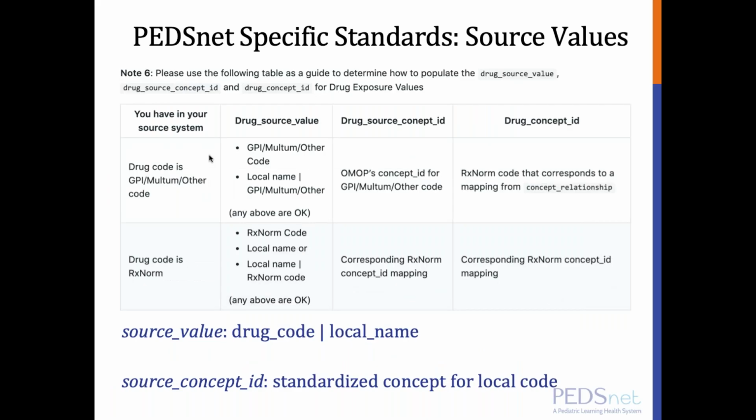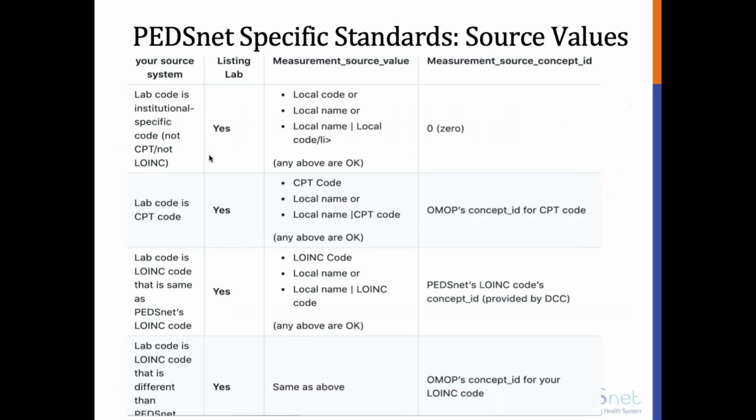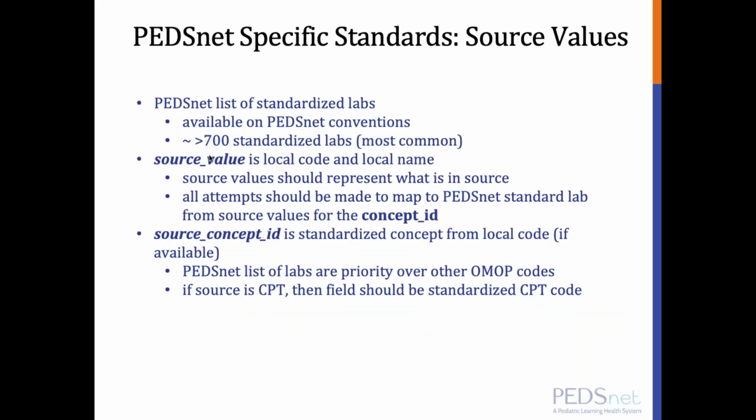We do similar things, I won't go into detail, for the drugs and the labs. We have an order in which the source values and source concept IDs should be represented. And this is really useful in later sessions, when we get into code set construction and going through how to fulfill a query and working with investigators.